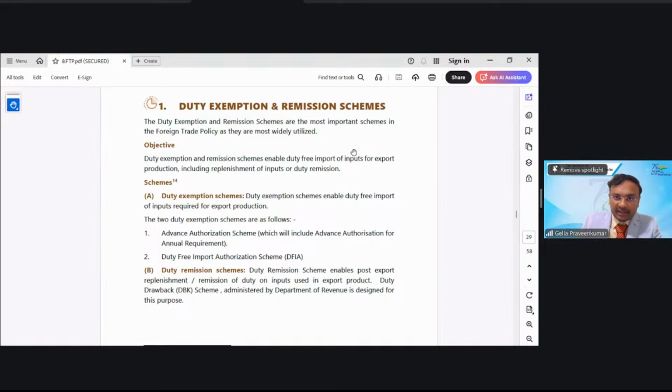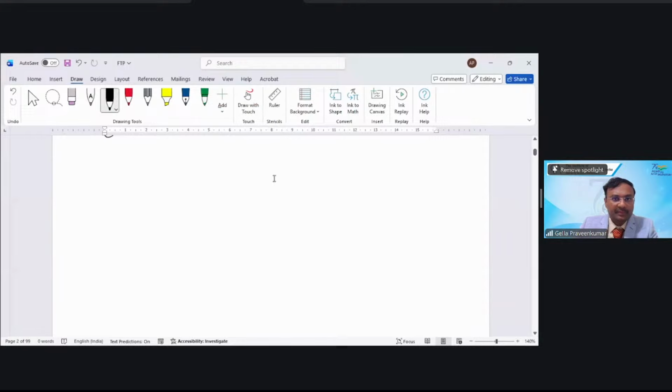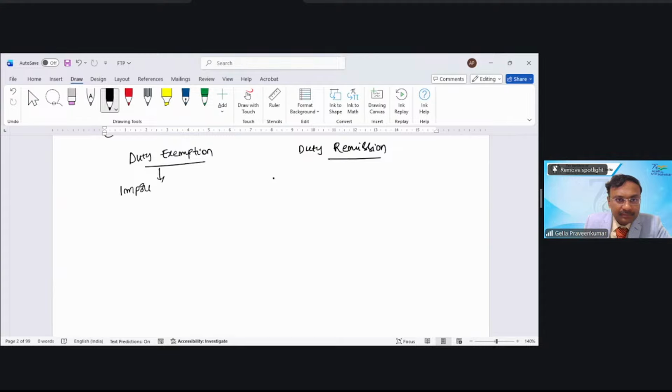First, we'll talk about the difference between exemption and duty remission. Duty exemption, this is where I am allowed to import without payment of duty.